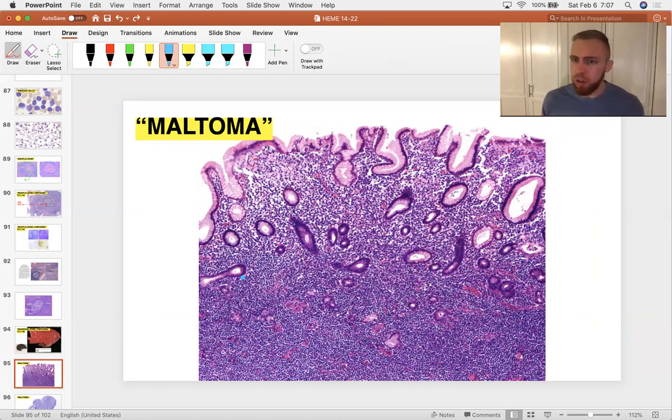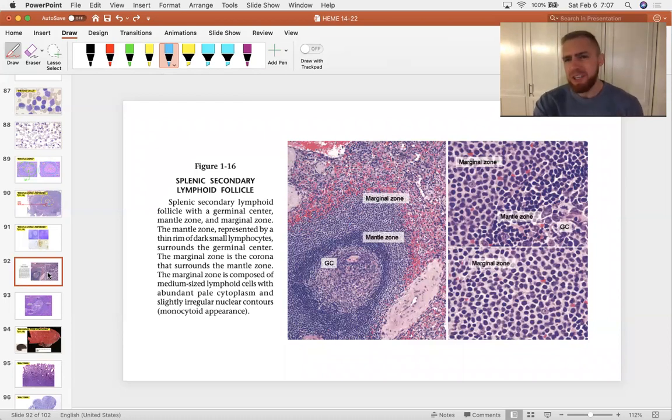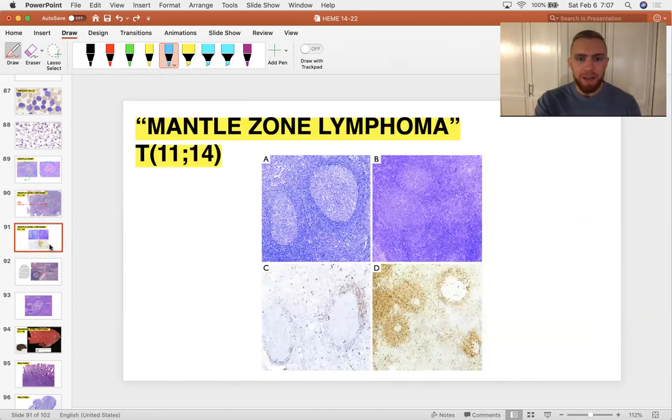Good luck. My guess is as good as your guess, is as good as anybody's guess who is not a board certified pathologist. So that's why they kind of have to give you the translocation, or maybe tell you, hey, we observed some cyclin D1 overexpression in this lymphoma, which would clue you into, hey, this is a mantle zone lymphoma.